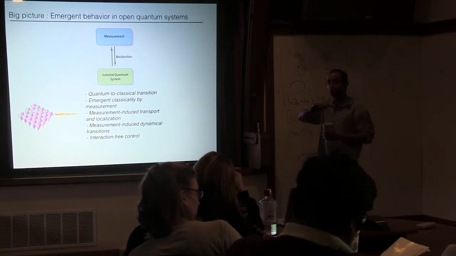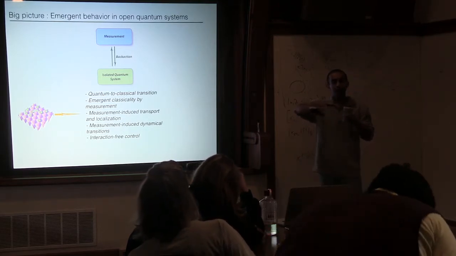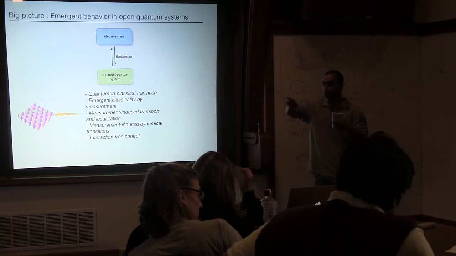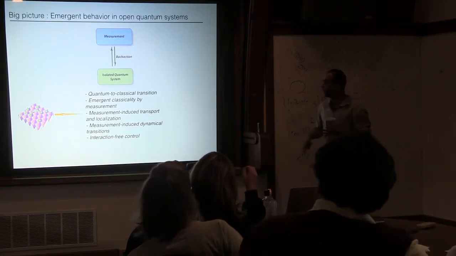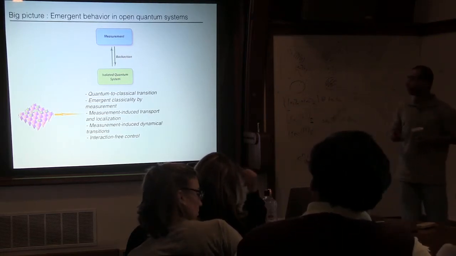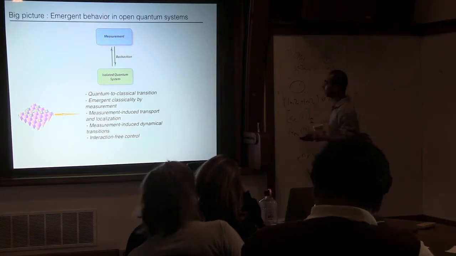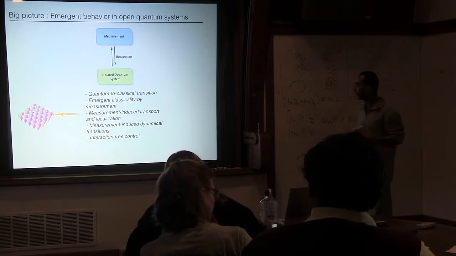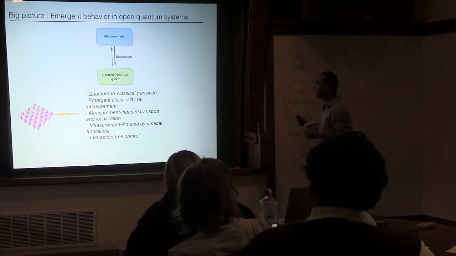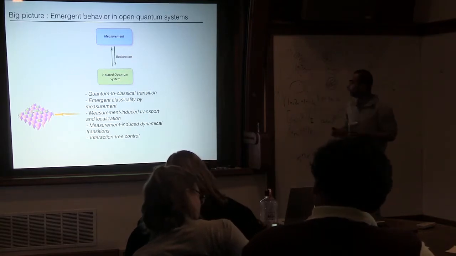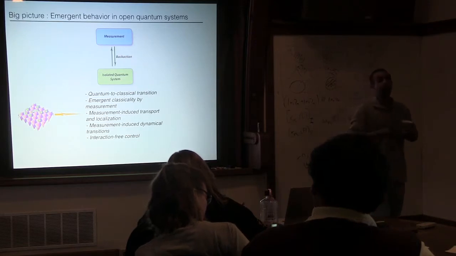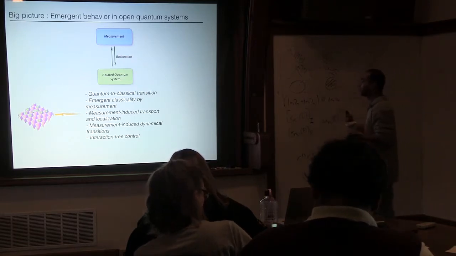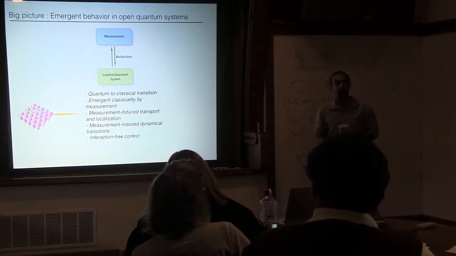And this transition we saw from coherent hopping to diffusive transport by the act of measurement is one example of something called a quantum to classical transition, where the emergent classicality is because of measurement. But you can also use such measurements to create new kinds of physics, like measurement-induced transport, many-body localization, or measurement-induced dynamical phase transitions and so on.